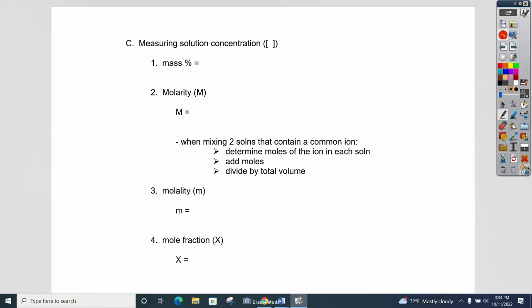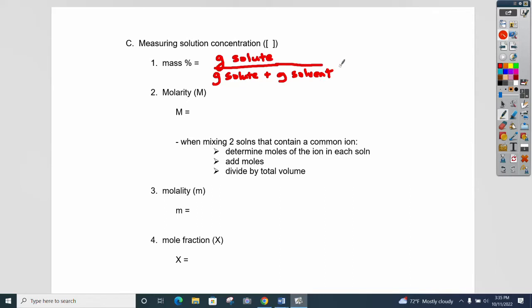So the first unit that you need to be familiar with is something called mass percent. Because it's mass, of course, it's going to include grams. Your formula for mass percent is going to be grams of your solute divided by grams of the entire solution, and that means grams of your solute plus grams of the solvent.